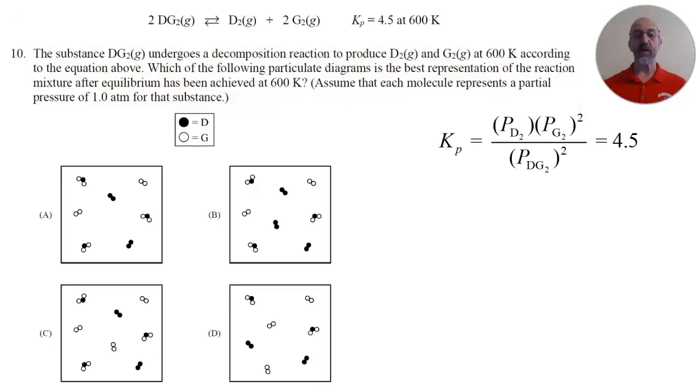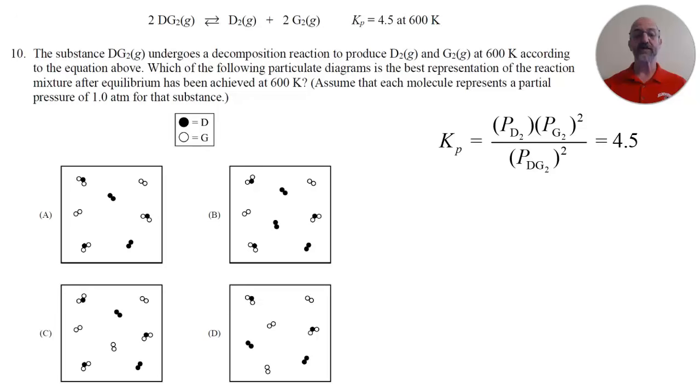So it looks like the following: the partial pressure of substance D2 times the partial pressure of substance G2 squared, and then divided by the partial pressure of substance DG2, which is also squared, again because the coefficients of 2 are listed next to those substances in the balanced equation. Now, if we get a numerical value of 4.5 when we do the math, then that will be the correct answer to question 10.